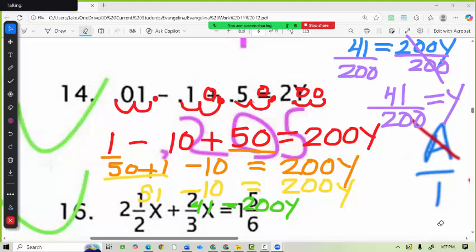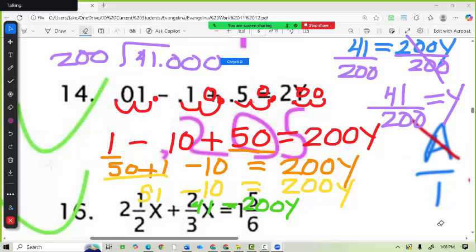And if you wanted to change that into a decimal, we could do 41 divided by 200. So we're going to have to put a decimal and some zeros here. So it's going to go, doesn't go into 4, doesn't go into 41. 410, it goes twice. So we have 10 left. We have 100, it won't go in at all.